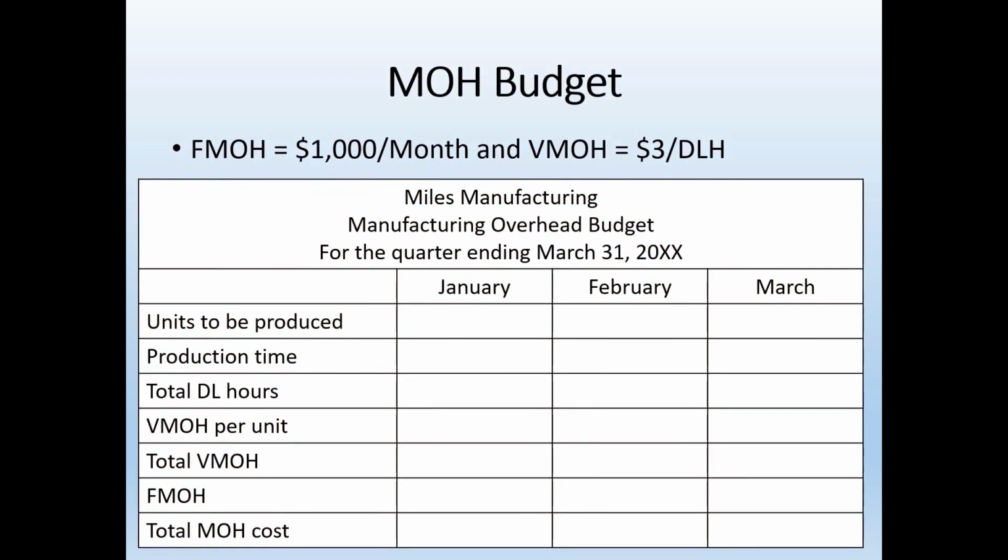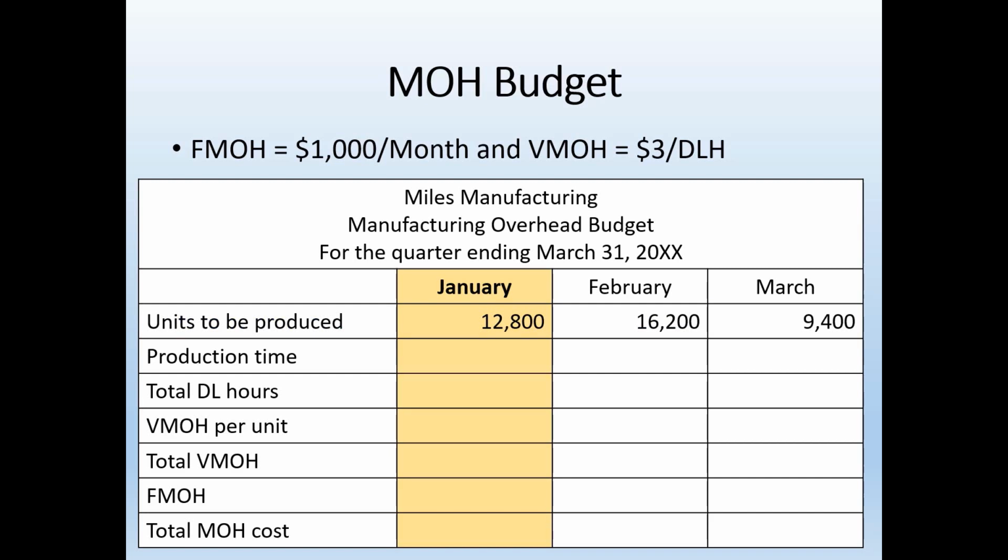Remember that manufacturing overhead has both a variable and a fixed component. We start the manufacturing overhead budget with the number of units to be produced in each month, which comes from the production budget.